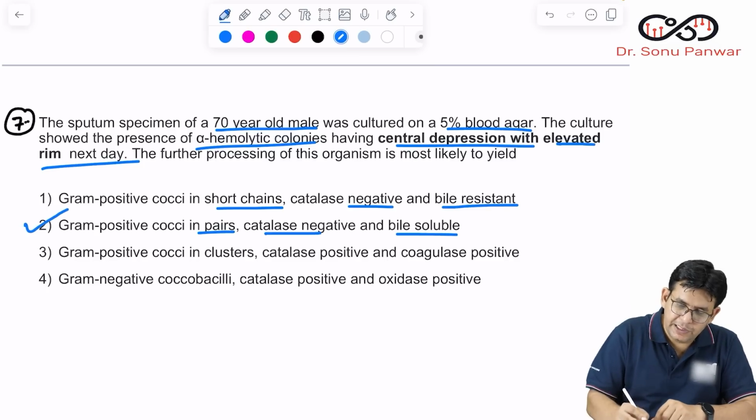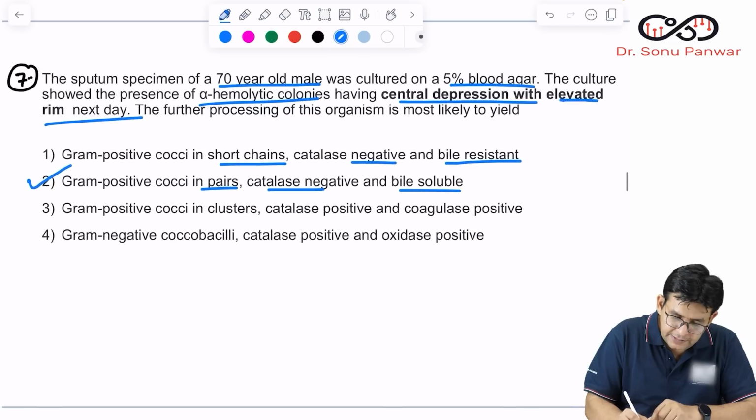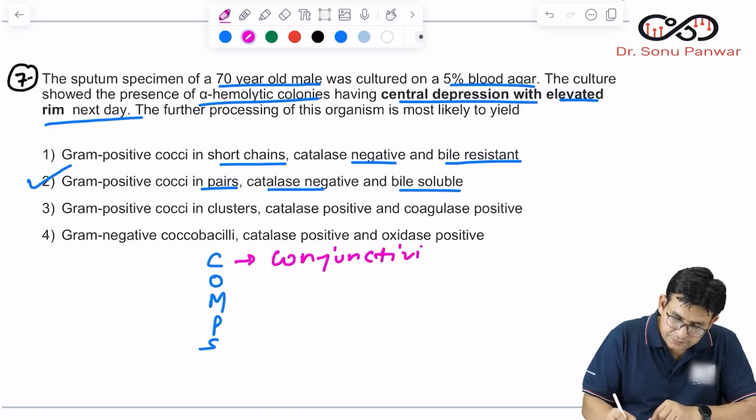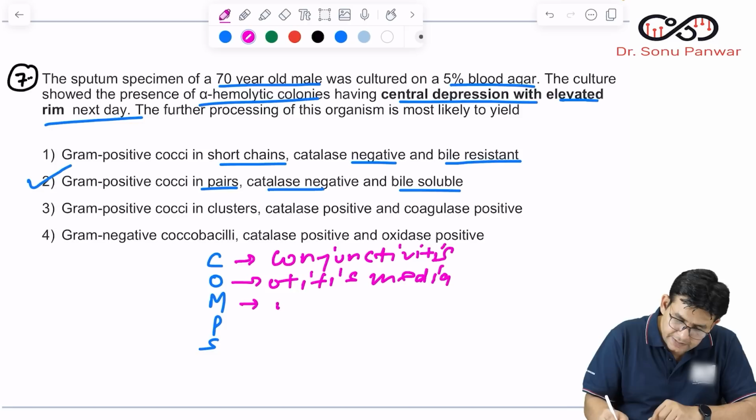And in this, what I need to know is that the diseases caused by this are COMPS. What is COMPS? C is conjunctivitis, O is otitis media, M is meningitis, P is pneumonia, and S is sinusitis.